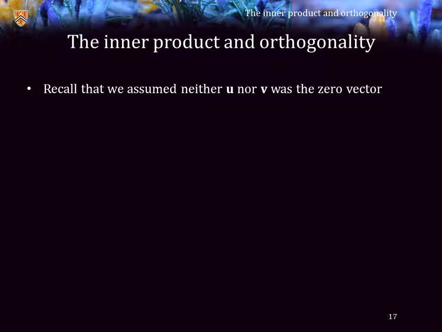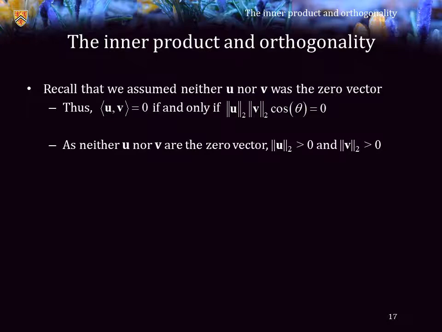Now, recall that we assumed in this derivation that neither u nor v was the 0 vector. Therefore, for the inner product to be 0 in this case, that's true if and only if the product of the 2 norms times cos theta is equal to 0. But because u and v are neither the 0 vector, the 2 norm of u and the 2 norm of v must both be strictly greater than 0.